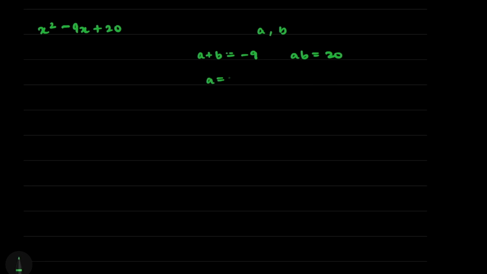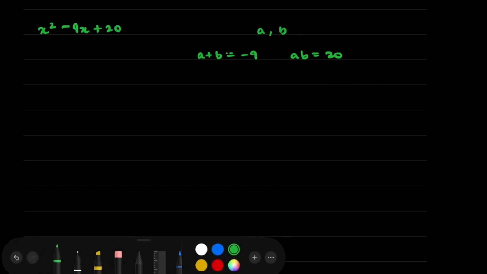So we have a is equal to minus 9 minus b, and in ab we can put this as (minus 9 minus b) into b equal to 20. So we can see that we have to do a bit of trial and error.